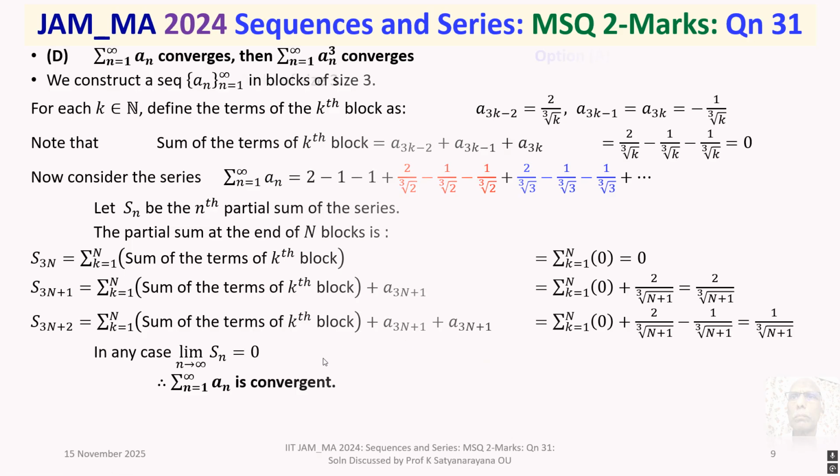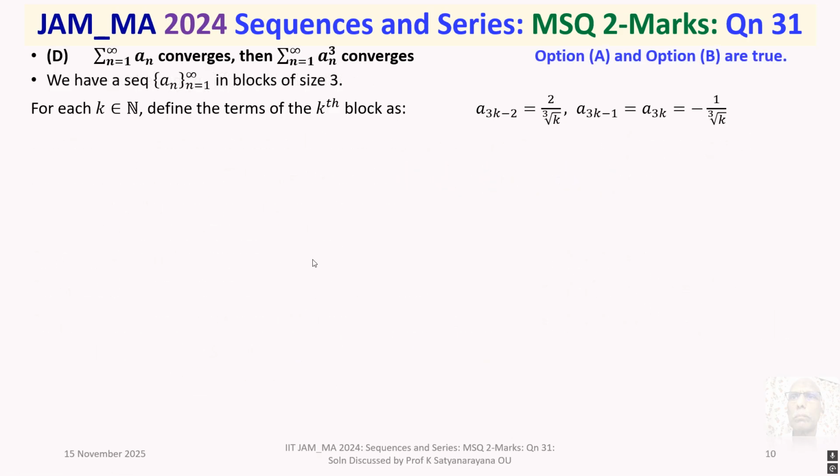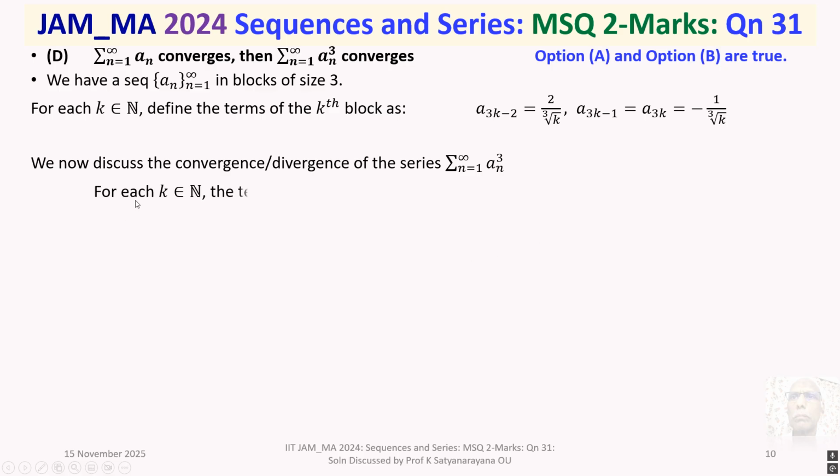But we have, yes, we continue. We now discuss the convergence or divergence of the series sigma n equals 1 to infinity a_n cubed. For each kth block, k belongs to N, the terms in the kth block are these ones.